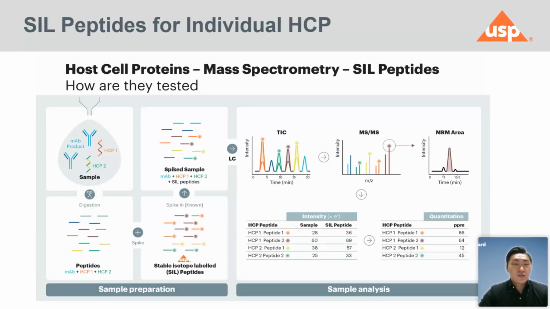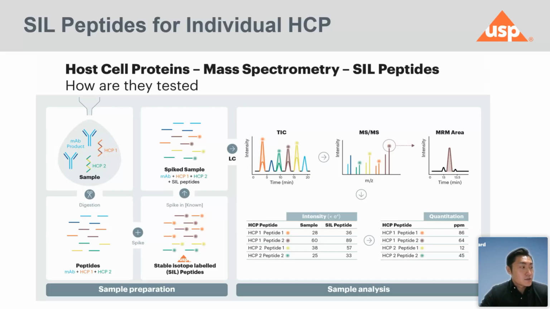Now let's dive deeper into the labeled peptides for individual whole cell proteins. This is a general diagram of the whole cell protein testing strategy if you're using labeled peptides. The workflow starts with protein digestion, typically by trypsin, followed by separation of peptides using liquid chromatography and analysis of the separated peptides by tandem MS. Then USP's reference peptides can be used to aid in identification and quantification of their corresponding host cell protein.